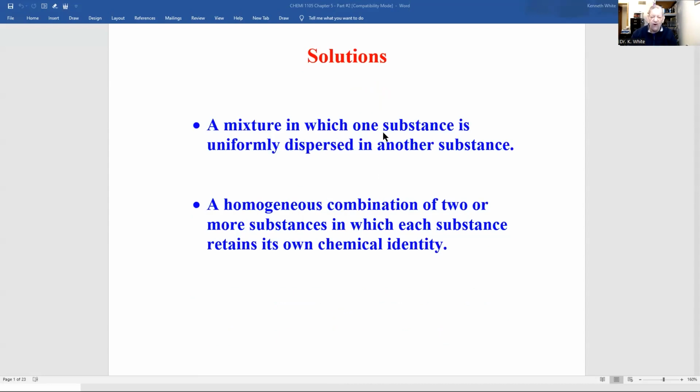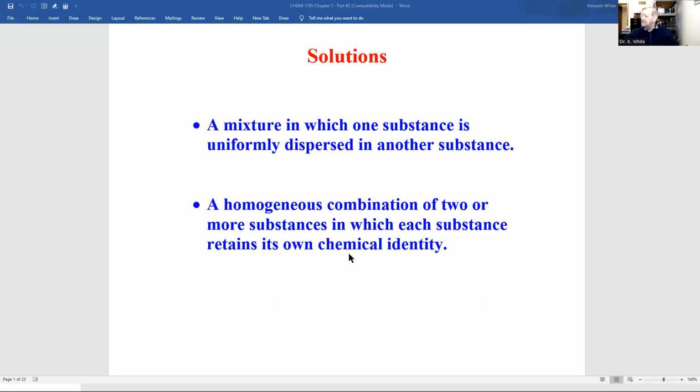It's a mixture in which one substance is uniformly dispersed in another. Another way of saying that: a homogeneous combination. Homogeneous means the same throughout, of two or more substances in which each substance retains its own chemical identity.